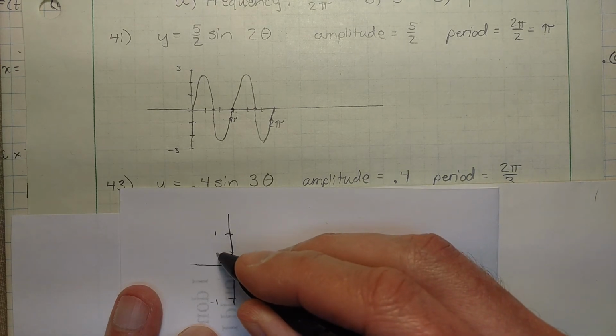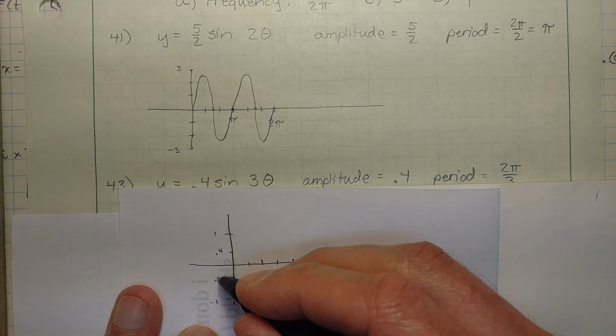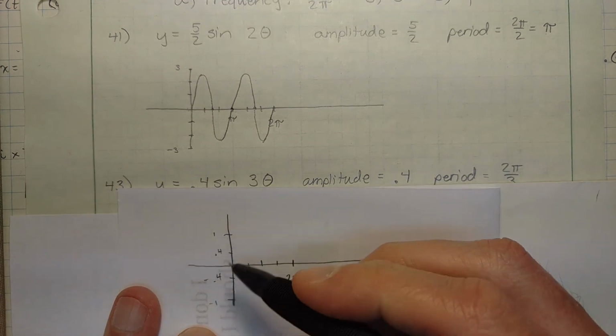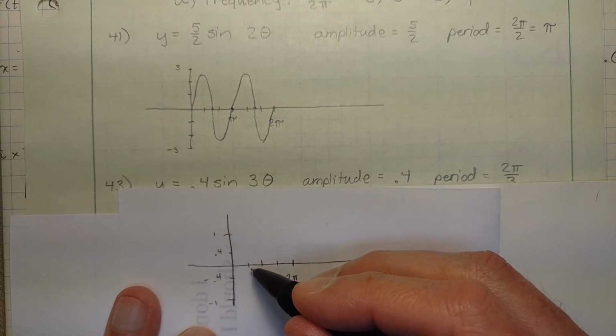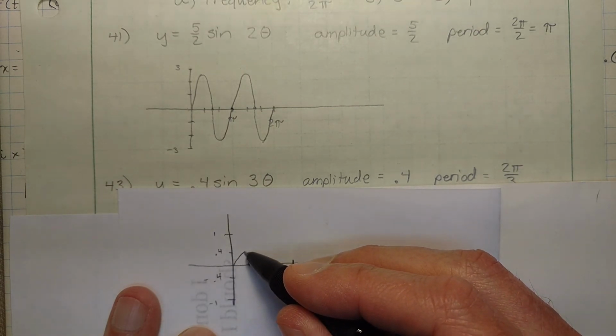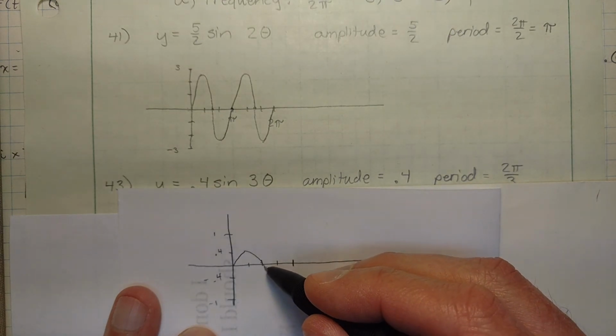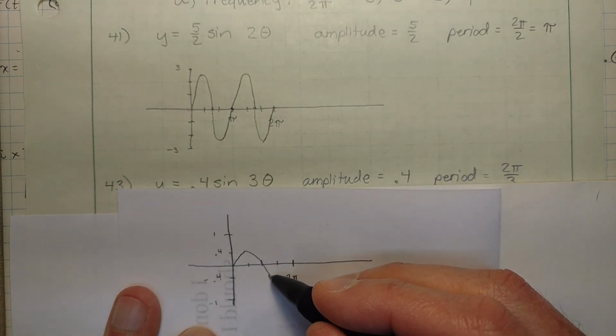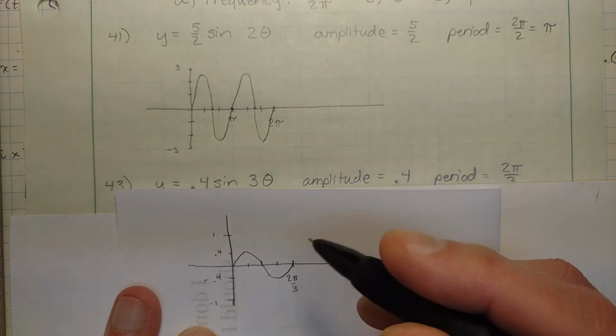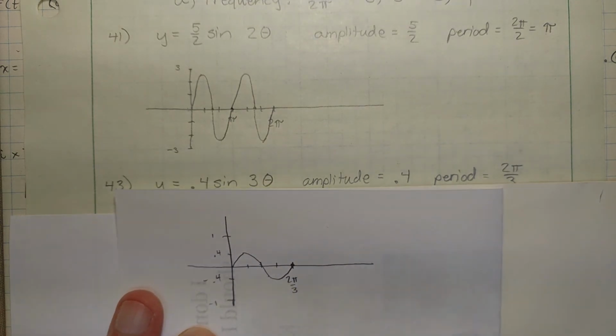That's my 0.4 right there. And that's my -0.4 right there. So it's going to start here. 1/4 of the way it's going to be up to the top there at the 0.4. It's going to come down and hit there. It's going to go down to this minimum point here and be back up. So there's my full cycle in 2 pi over 3.